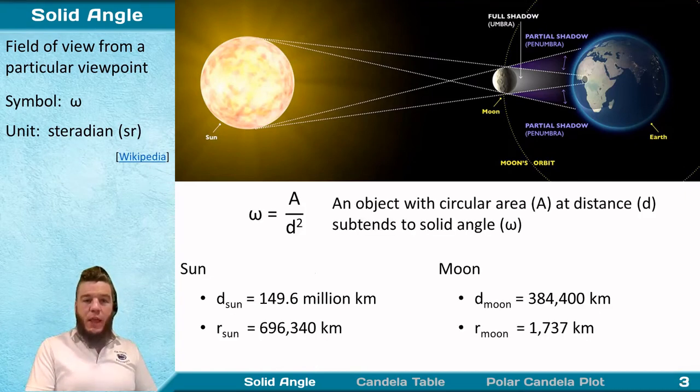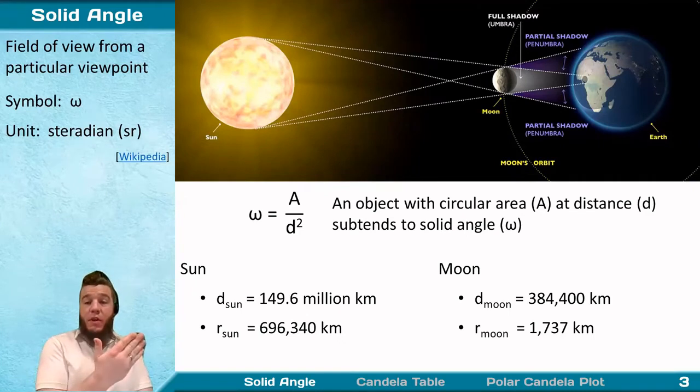So let me give you a useful equation here. The solid angle omega of an object at a distance is defined simply by the circular area over the distance squared. So that's a fairly straightforward approach.